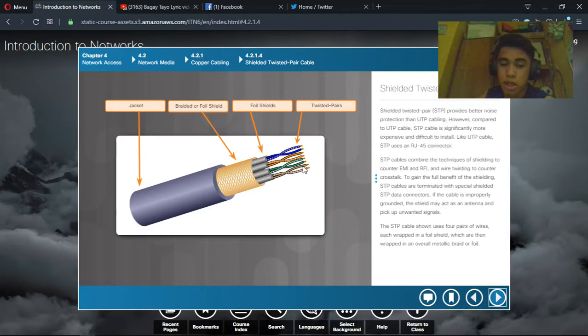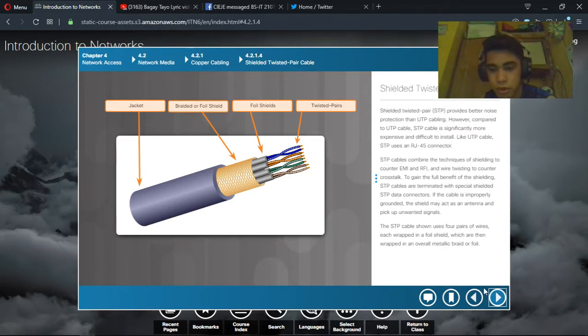As we can see in the picture, the wires are very secured inside, and to gain the full benefit of its shielding, STP cables are terminated with special shielded STP data connectors.